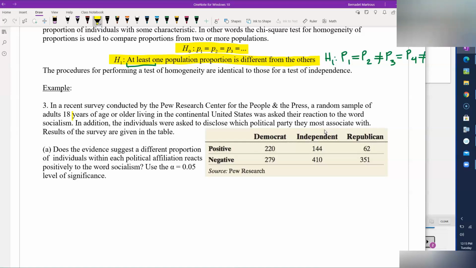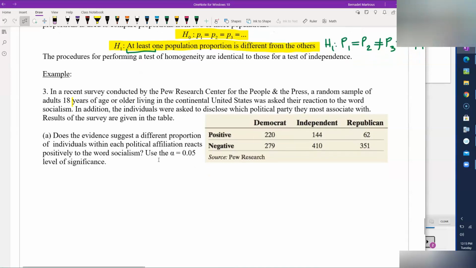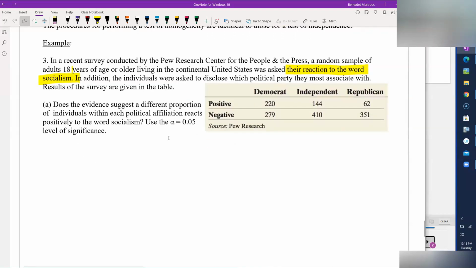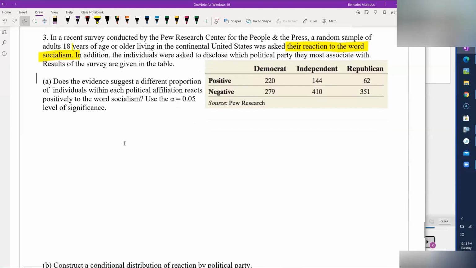The answer was either positive or negative. Part A: does the evidence suggest a different proportion of individuals within each political affiliation react positively to the word socialism? Use alpha equal to 5%. For positive, we had 220, 144, and 62 for these 3 groups.